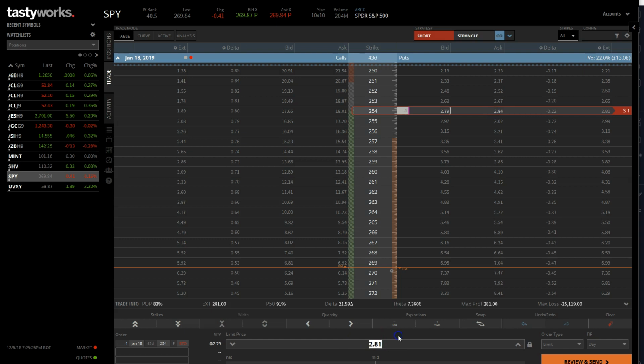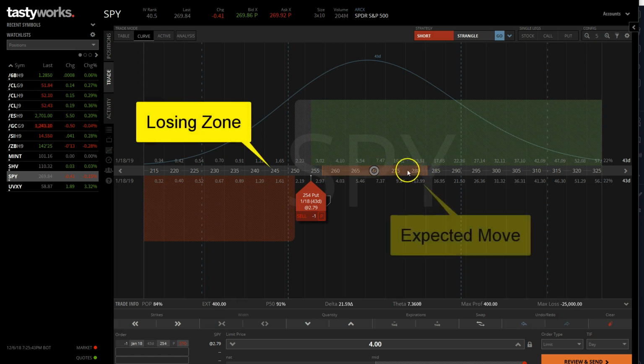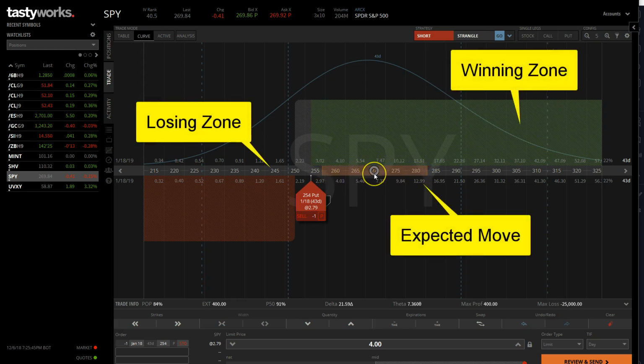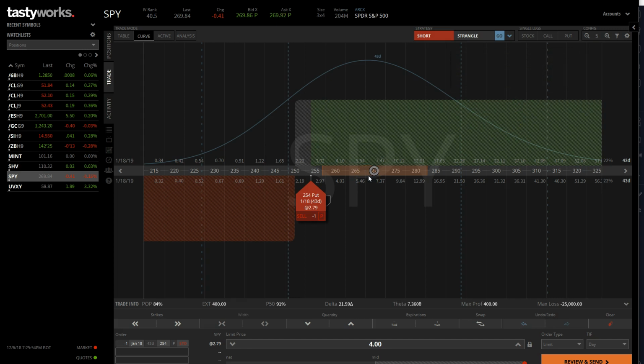But let's see an example of the trade that I just did. So if I did a $4, the good thing about this is that you can actually visualize the trade better. So let's see here in the curve, this brown line is the expected move. So the option prices give you the expected move of the stock during those 43 days.